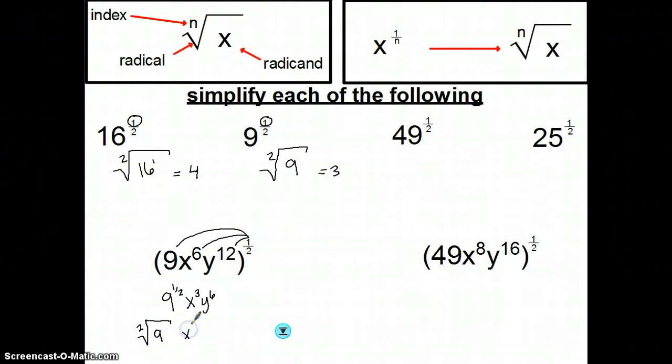X to the 3rd, y to the 6th. The square root of 9 is 3, as we saw above, so this reduces down to 3. X to the 3rd, y to the 6th. And that is the most simplified form of your radical. Go ahead and pause the video and try the remaining 3 on this slide on your own.